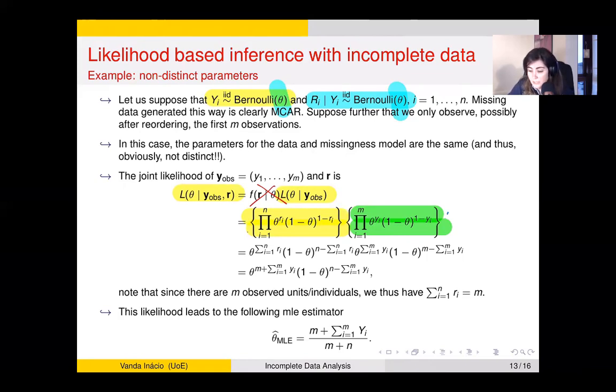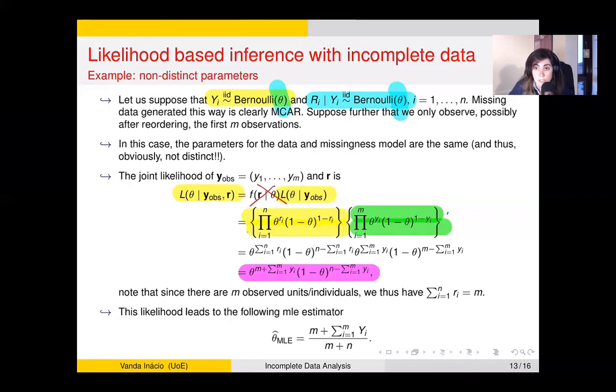And because I know that only the first M observations are available, I can simplify, and I end up at this expression.